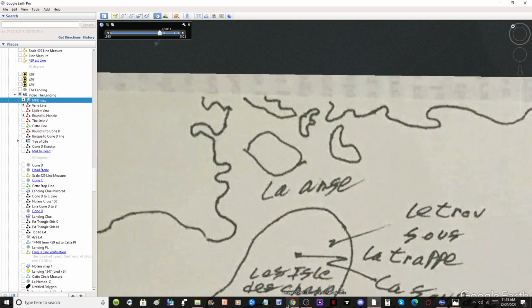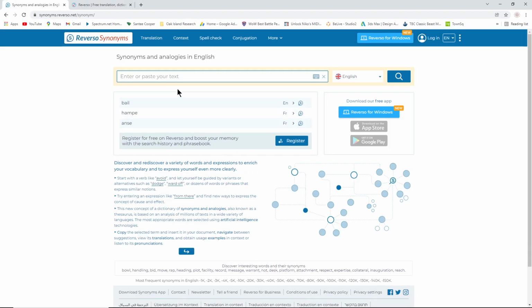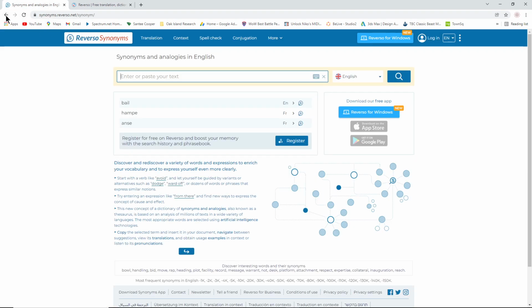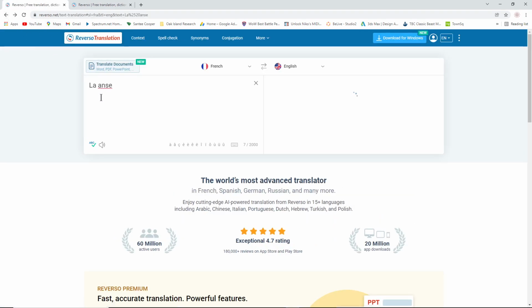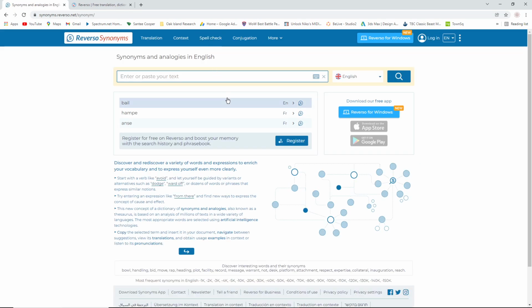Well, here I have l'Anse, cove, the handle, the loop. Now, I had here l'Anse. It just has the handle. And when you do the synonyms of l'Hampe or l'Anse, you get hump.